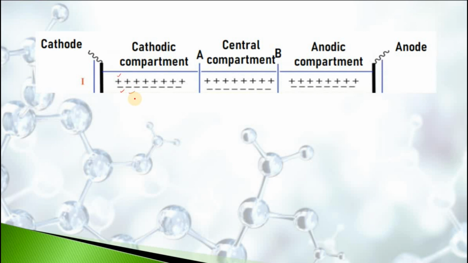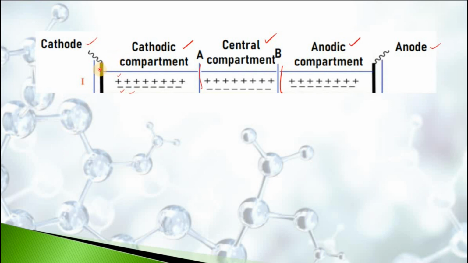Also, two electrodes, cathode and anode, have been immersed in the solution. The vessel is divided into three imaginary compartments by putting imaginary partitions at A and at B. The names of these three compartments are cathodic compartment, central compartment, and anodic compartment.